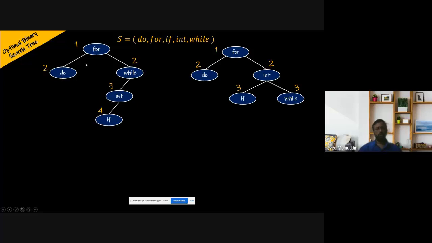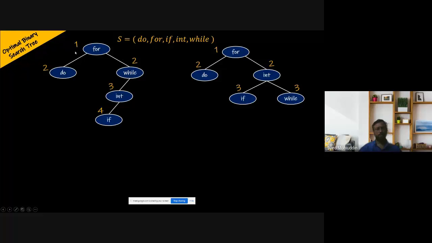To search do, we start from the root and compare, so that is one comparison. Then do, which we are trying to search, is smaller than for, so we search the left subtree, and at the left child we find do. So we needed one comparison for the root, then a second comparison for the left child. So there are 2 comparisons.